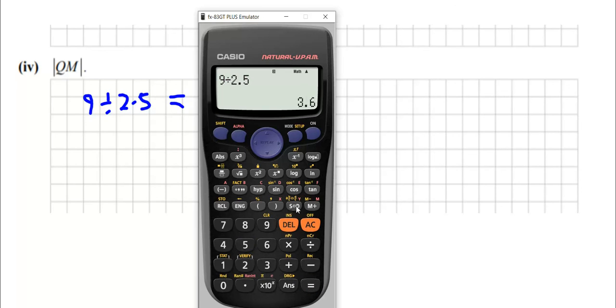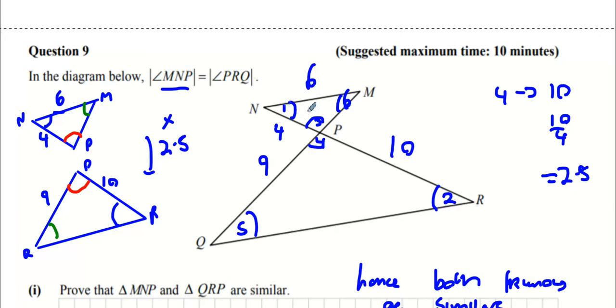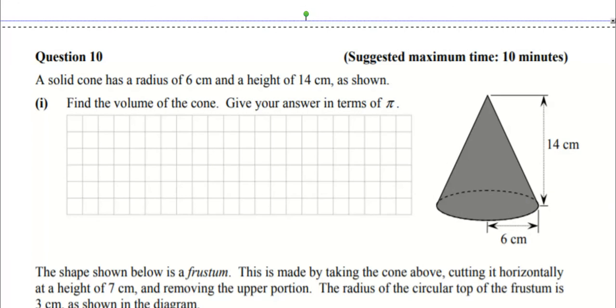It's going to be 2.5 times smaller, so it's 3.6. But it's actually Q to M we're looking for, so it's going to be 9 plus 3.6, which is 12.6. Okay, that's that one done.